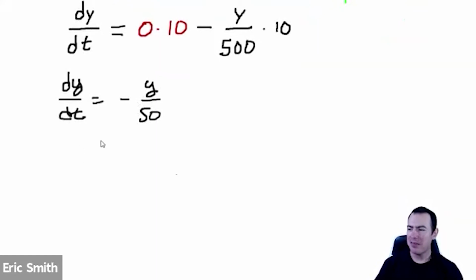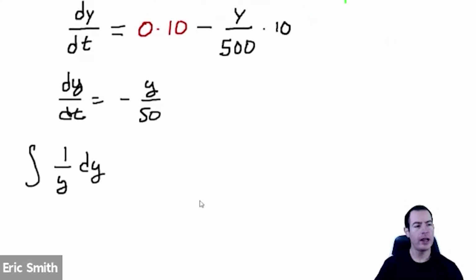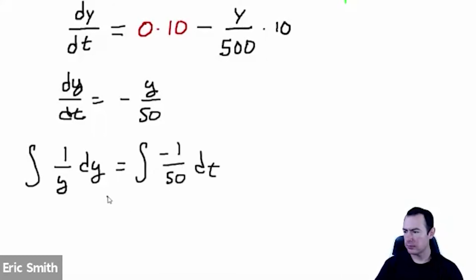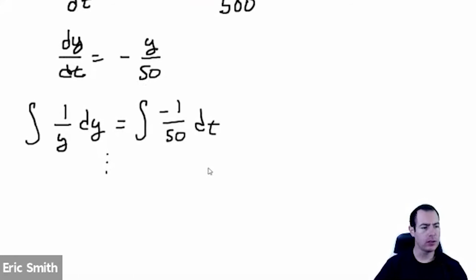That is to say, if I want to get my terms all separated out here, we'll end up with a nice little 1 over y on the left, and then we'll end up taking the integral of a negative 1/50th dt. Then we can take the antiderivative, solve for those constants directly, see what we get out of there.